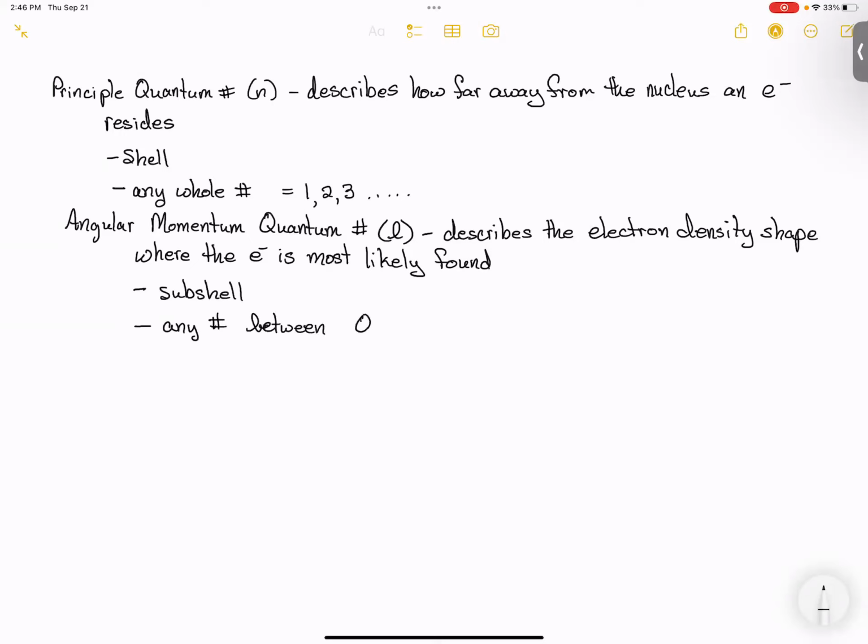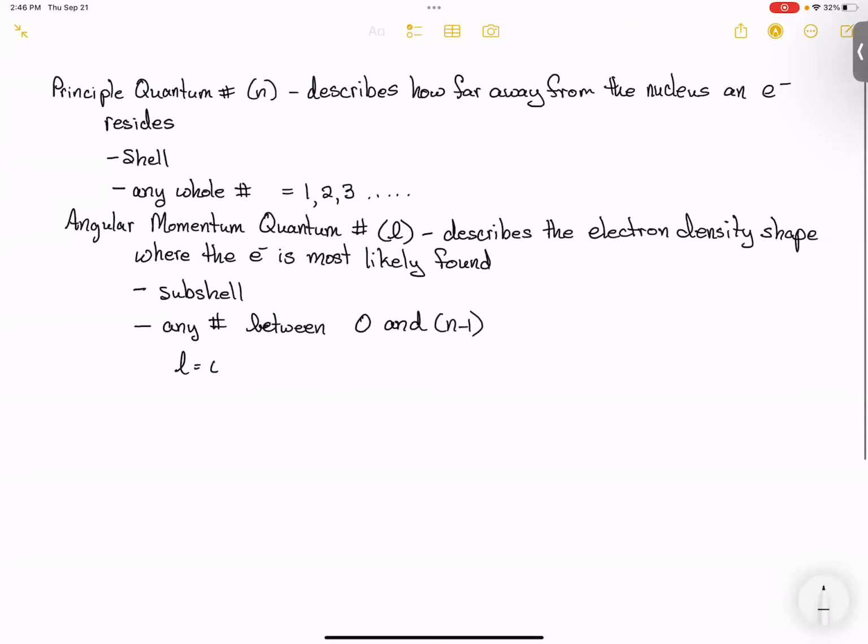Now, the subshell is extremely important because, again, it describes the shape where you're most likely to find the electron. Now, we do have very specific ones.